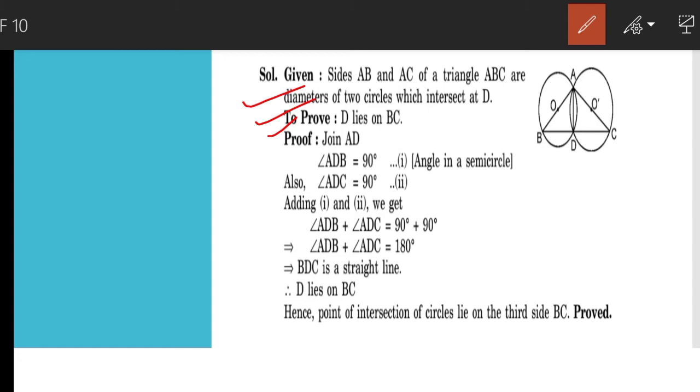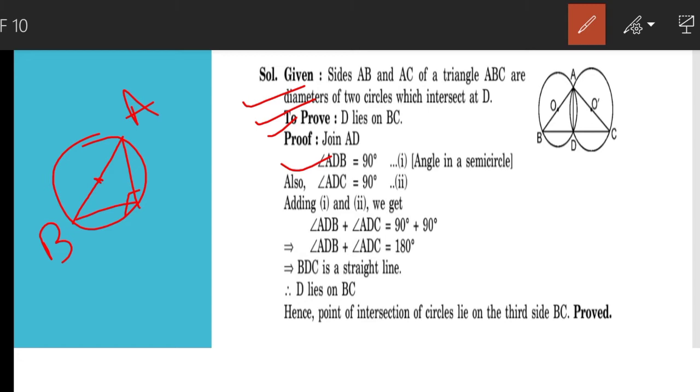After joining AD, you can see that if we have a circle and a line passes through the center, here AB passes through the center, then the angle in the semicircle is always 90 degrees. So angle ADB is 90 degrees, following that angle in a semicircle is 90.